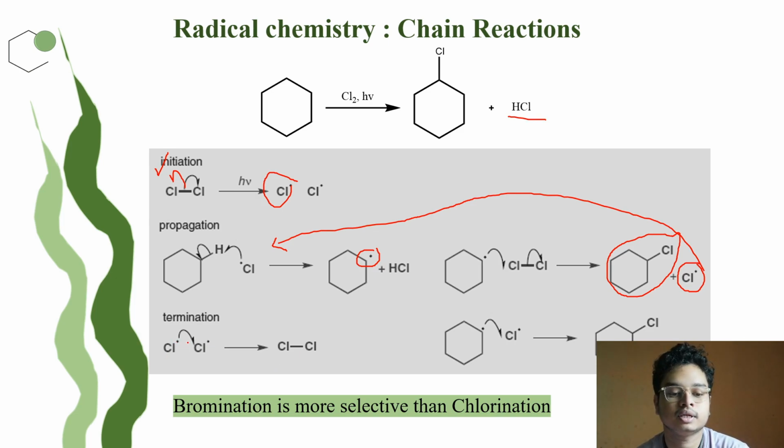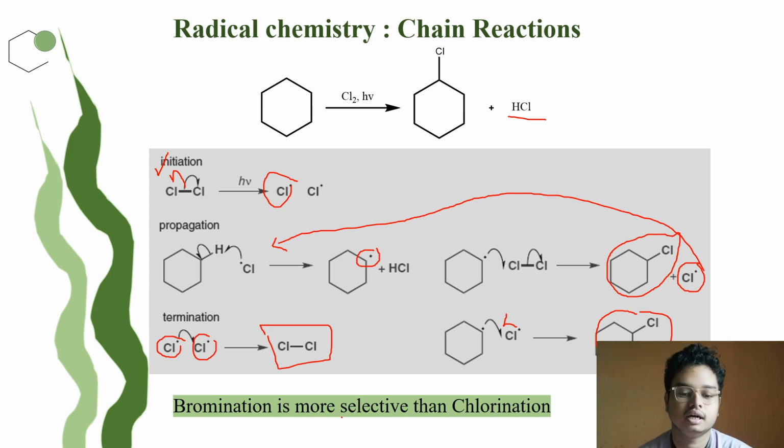Either this chlorine radical will react with another chlorine radical to generate Cl2 back, which is one termination process, or the resulting secondary radical will react with a chlorine radical, and this compound is generated, and thus termination is observed.